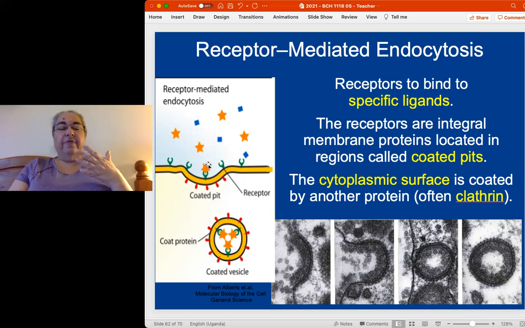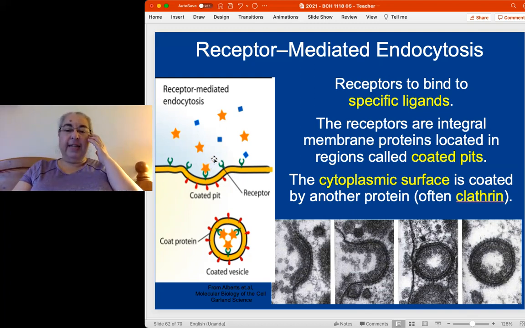So this might be a food source or a particular nutrient that it needs, or something that's needed inside the cell. The receptor finds it there on the outside of the cell, and it acts as a signal to start this process of bringing it into the cell.